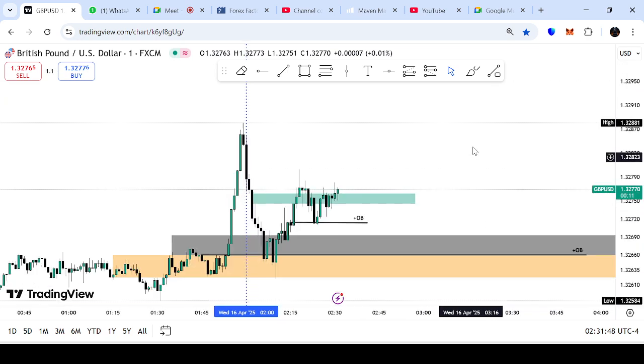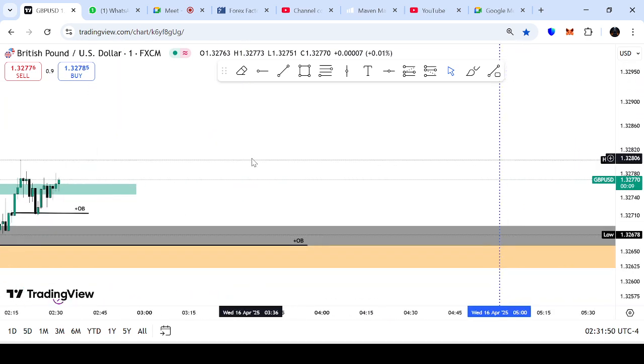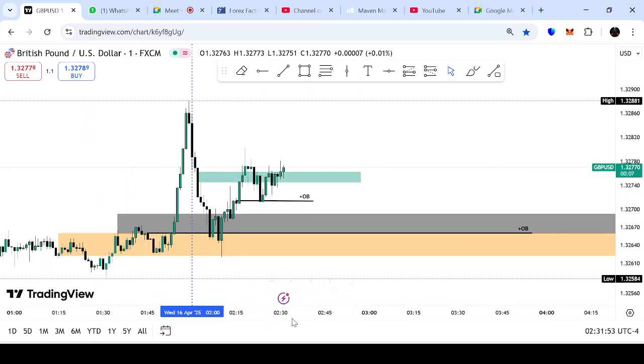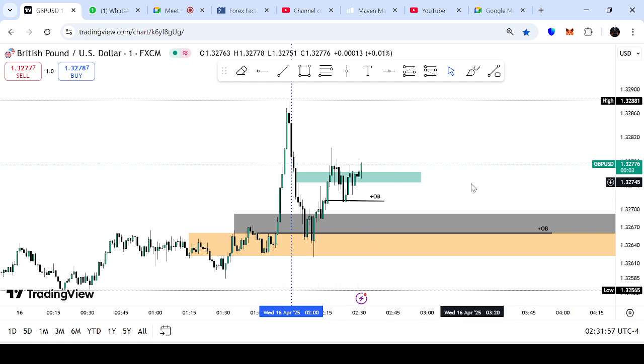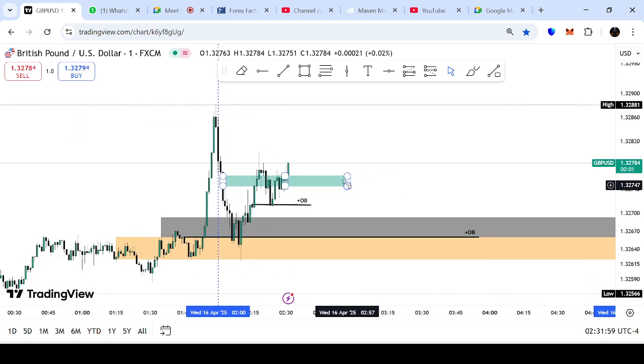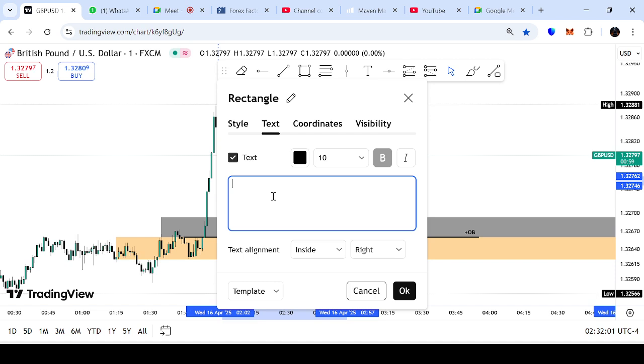That's our target. We'll be treating this CB as inversion fair value gap.